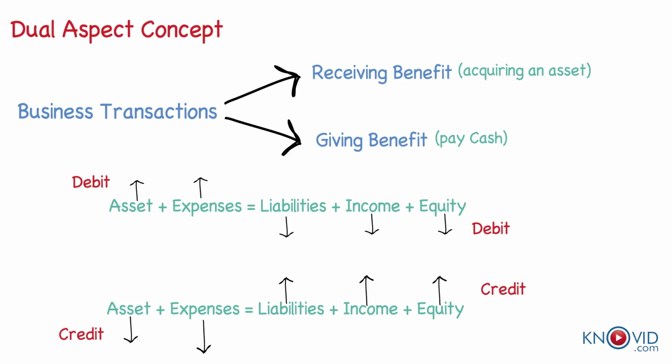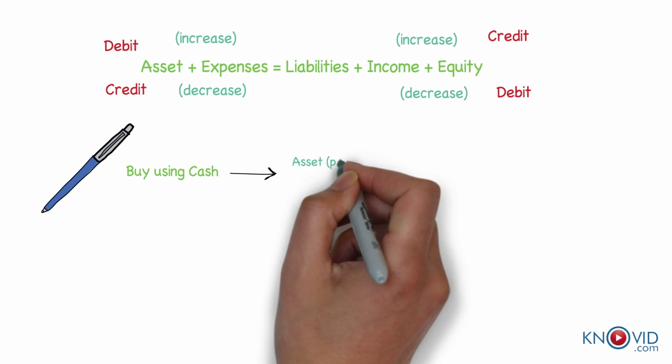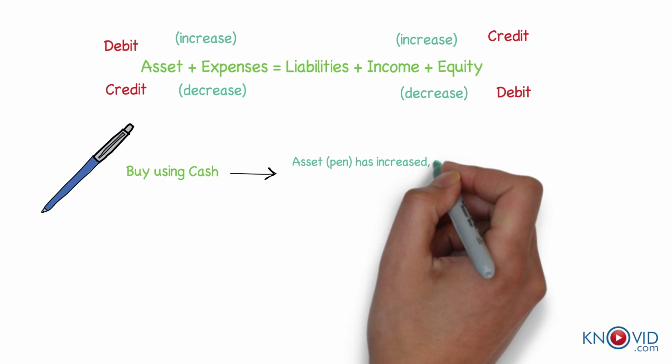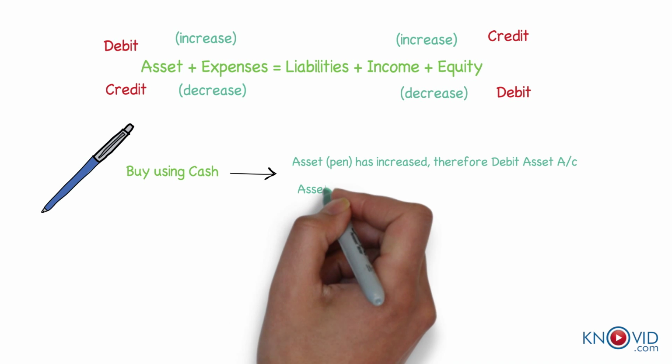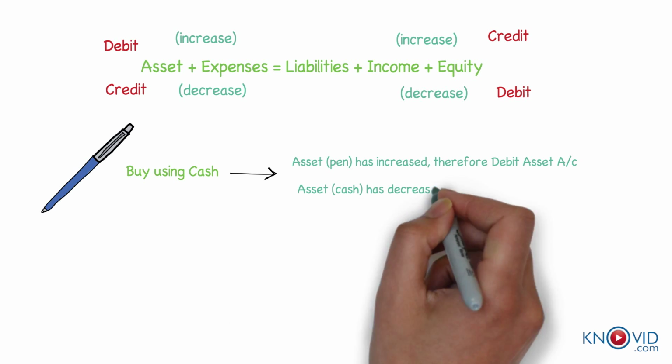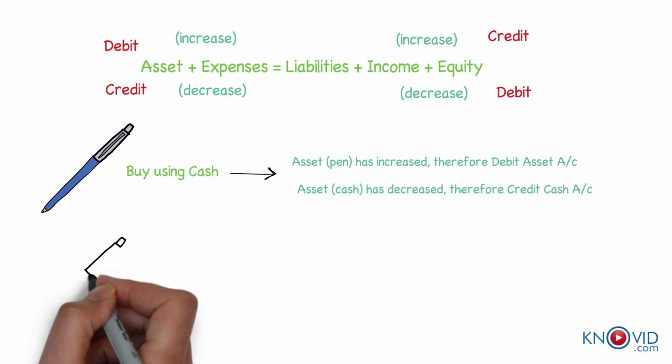The debit and credit is structured in such a way that for each debit there is a corresponding credit and vice versa. So, if I buy a pen using cash, I make a debit entry in my asset account as my asset has increased, and I make a corresponding credit entry in my cash account as my cash asset has decreased.